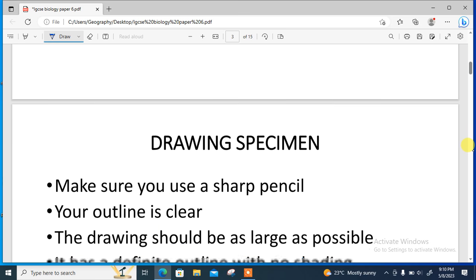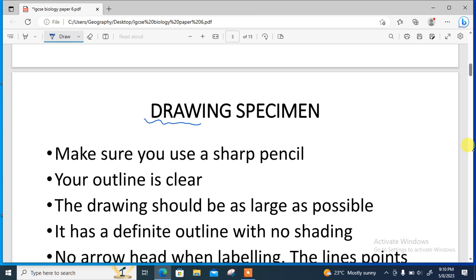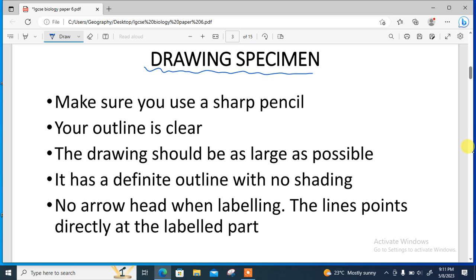Now, drawing a specimen in biology. When you draw a specimen, the first thing you should go to the exam hall tomorrow with is a very sharp pencil. Your outline should be very clear, and the drawing should be as large as possible.